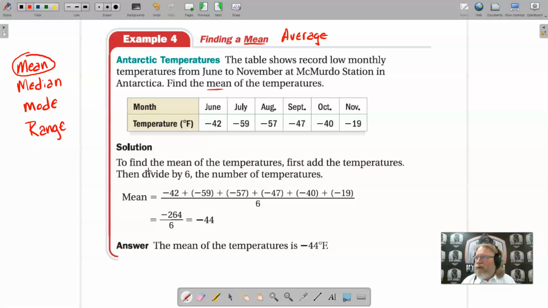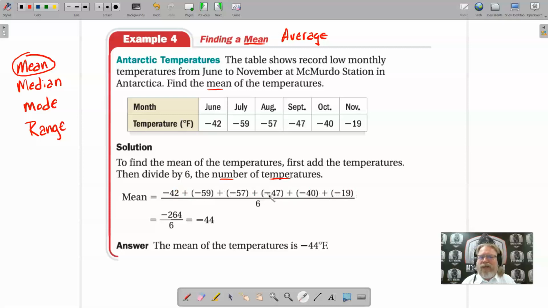So our solution is to find the mean of the temperatures. First add the temperatures, then divide by 6, which is the number of temperatures that we added. So we take the negative 42, negative 59, negative 57, negative 47, negative 40, and negative 19. The reason it's a fraction here is that's a really long list, a whole lot of numbers in the numerator to add together.